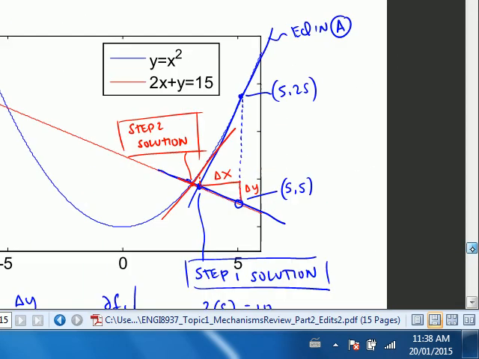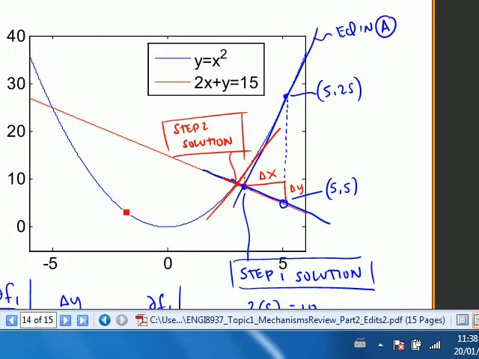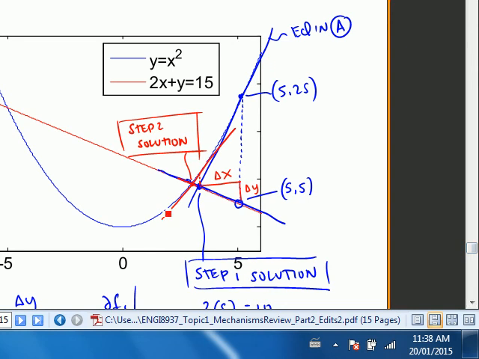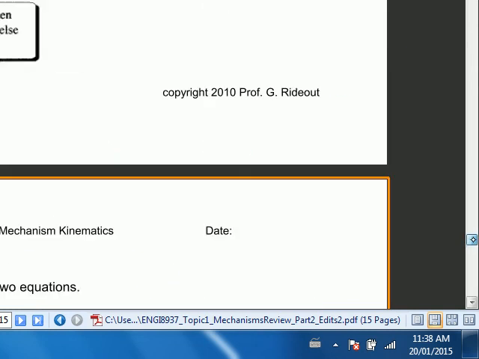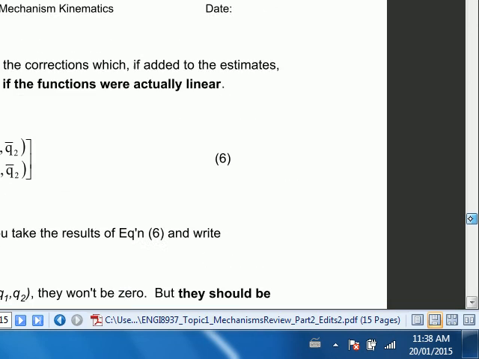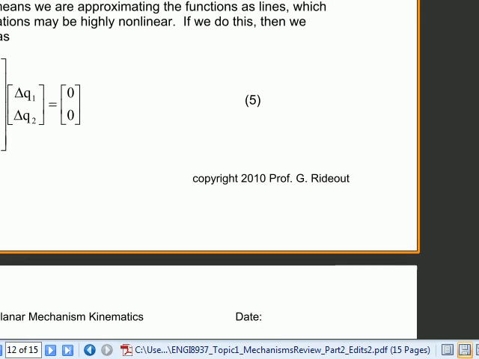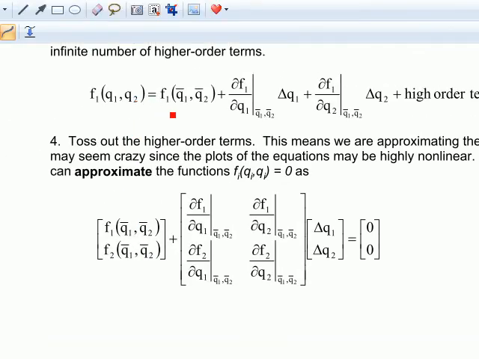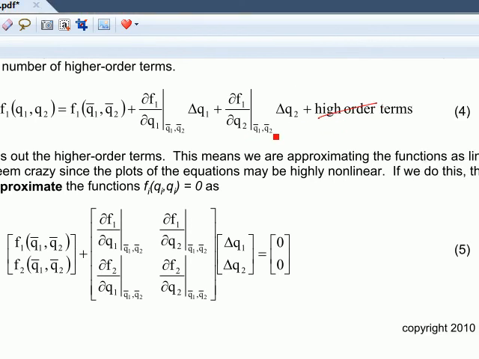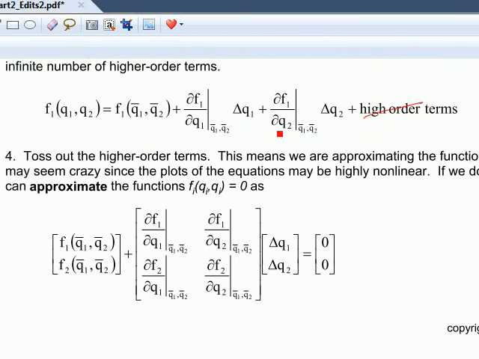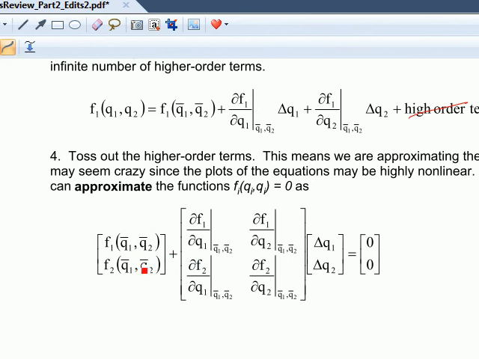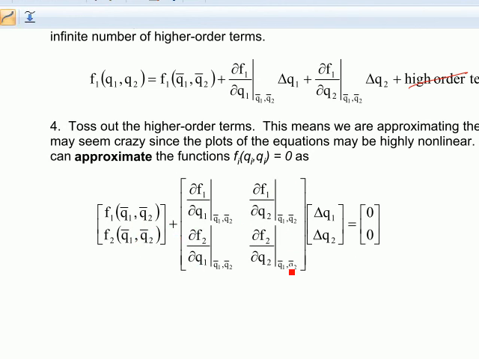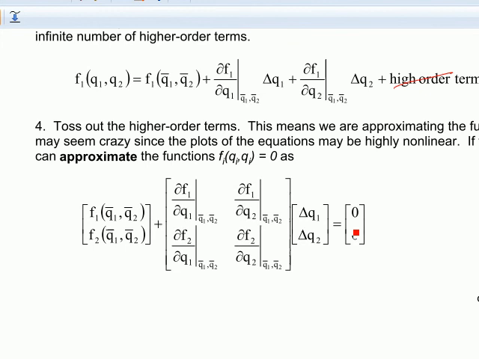Okay, so I just wanted to clarify exactly what the delta x's and delta y's mean. If we go back to the general algorithm, here's the general Taylor series approximation of a function. You toss out the higher order terms and you've got a linear approximation. Here it's in Q1 and Q2 instead of x and y. You write your vector of functions plus your Jacobian matrix times your deltas.